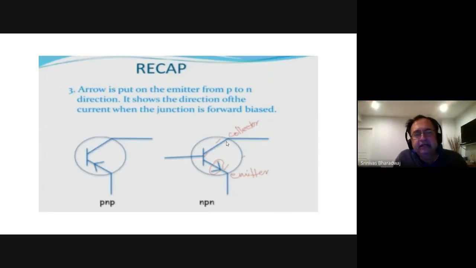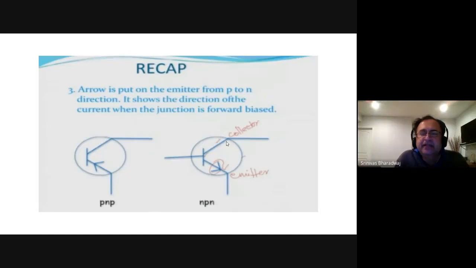We say that the NPN device acts as an amplifier. So the important word here is amplifier, not magnifier. Any increase in the BE voltage will be seen on the other side amplified.